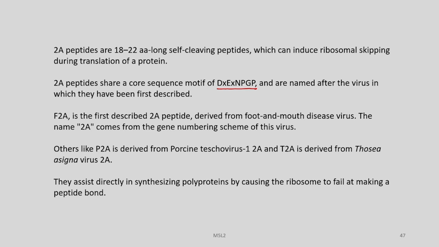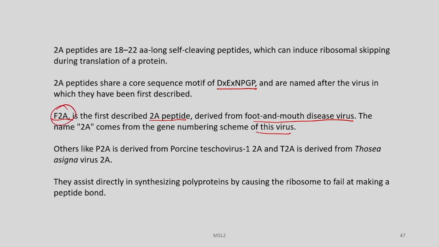F2A is the first described 2A peptide, derived from foot and mouth disease virus, which occurs in bovidae, for example in cattle. The name 2A comes from the gene numbering scheme of this particular virus.